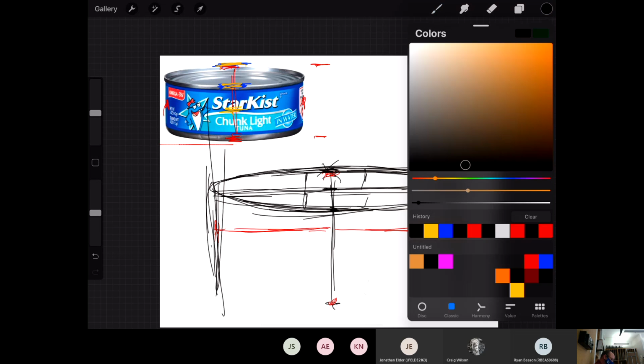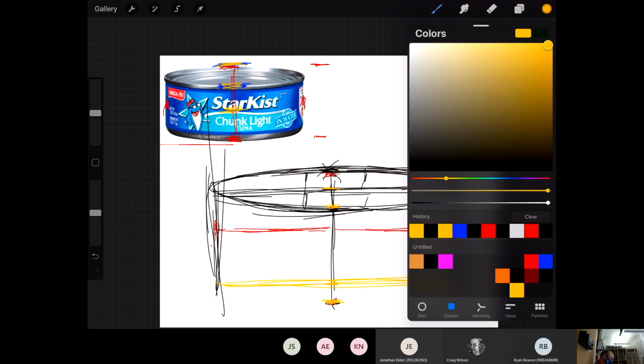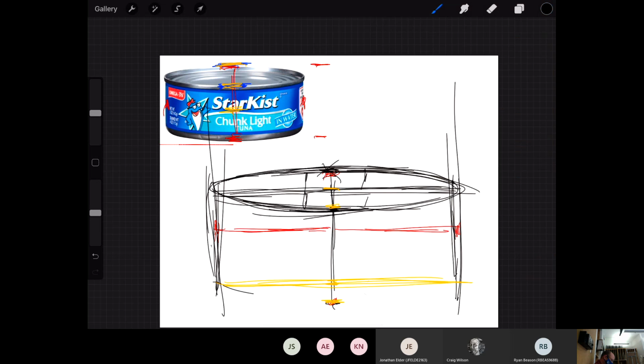Then we take this dimension, we put it down here, we draw a line straight across, right? Because that's going to find the bottom corners of our ellipse. Does that look like the same proportions? Does that make sense?